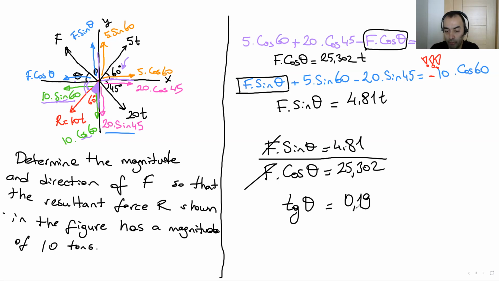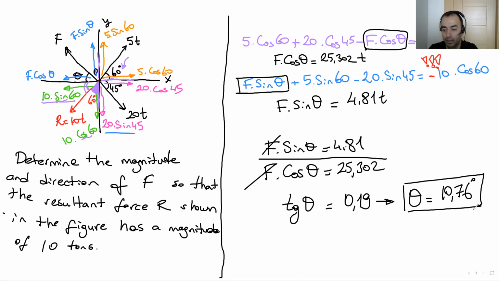That's okay. If we have the tangent theta, you do the arctangent with your calculator, tangent to the power of -1, and you can get theta. Theta is 10.76 degrees.